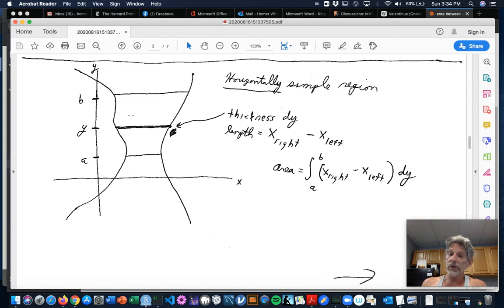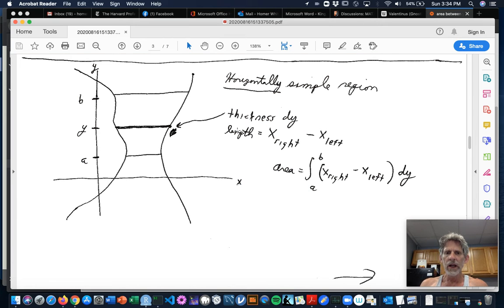So let's think, instead of vertical tiny rectangles, about horizontal tiny rectangles. So from the y equals a to the y equals b level, consider an arbitrary y level, okay? Right here. That corresponds to a skinny little horizontal rectangle at level y whose thickness is dy.